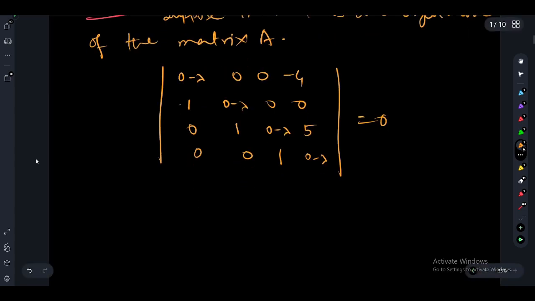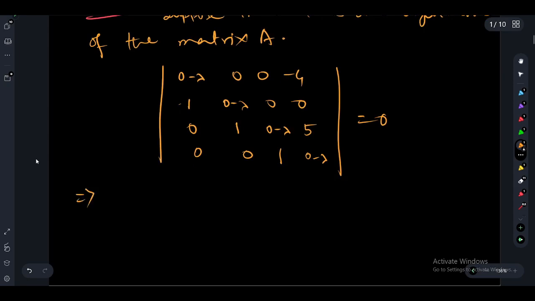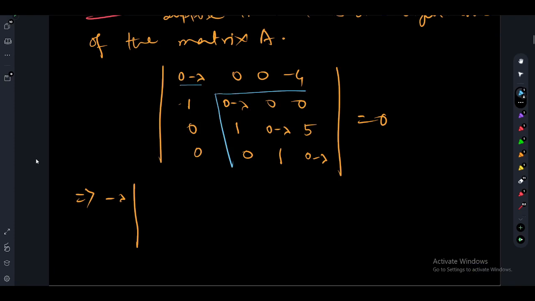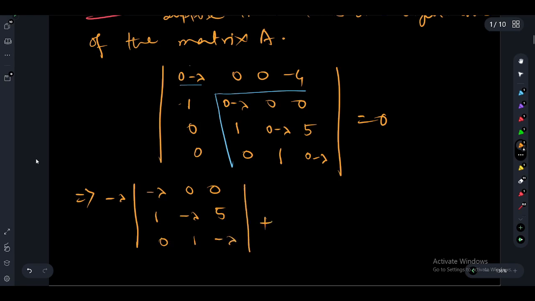equal to 0. So this implies minus lambda into the determinant of this matrix, minus lambda, 0, 0, 1, minus lambda, 5, 0, 1, minus lambda, plus, and the signs alternate: plus, minus, plus, minus.